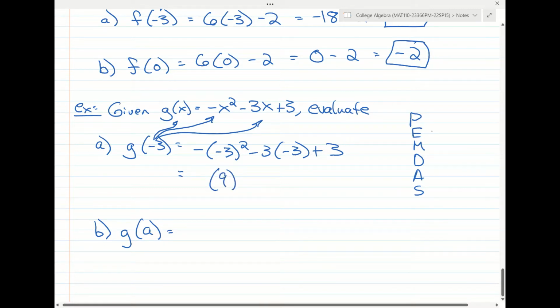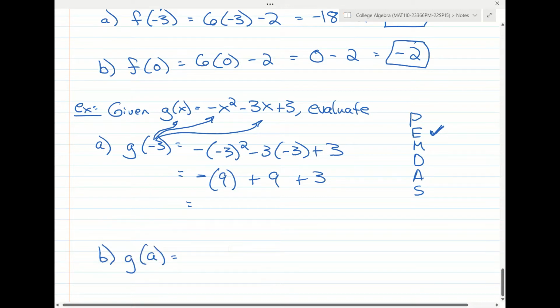We did exponents first. Negative 3 times negative 3 is positive 9. And negative 9 plus 9 is 0, plus 3 is just 3.